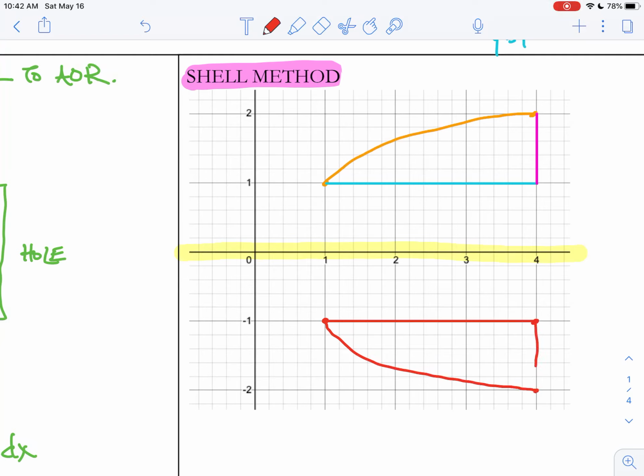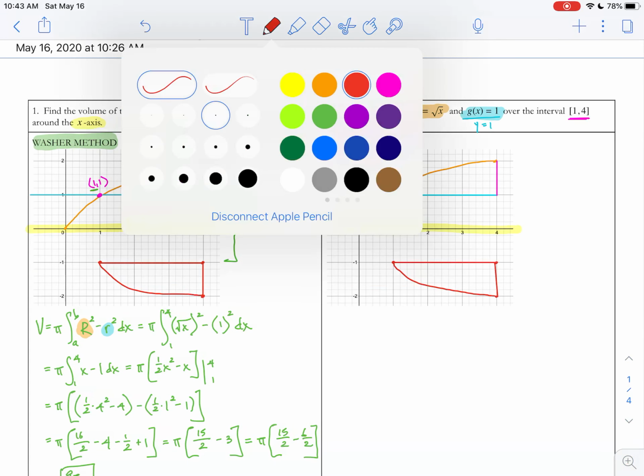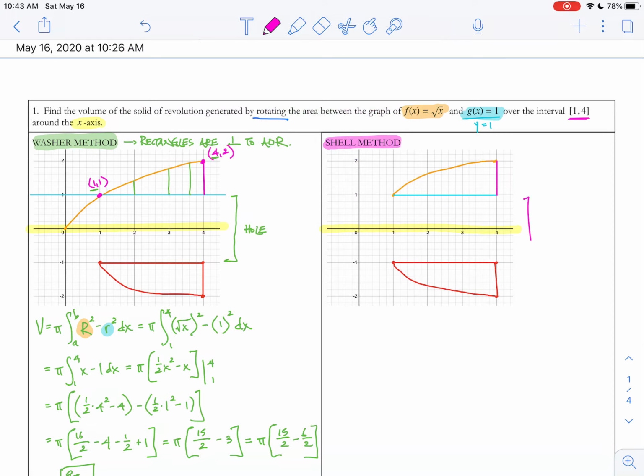All right, so this time what's going to be different for us is that we're going to set it up differently. So we still have a shape where we have this hole in the middle, and what we're going to do is think about what it means to set up shell method.